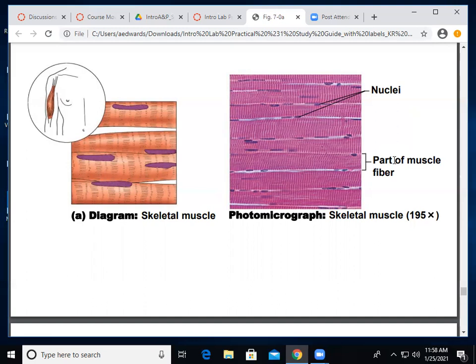The first criteria is looking at nuclei per cell. It's many. Many nuclei per cell, multinucleate. Next factor is striation. The lines, these little vertical lines.